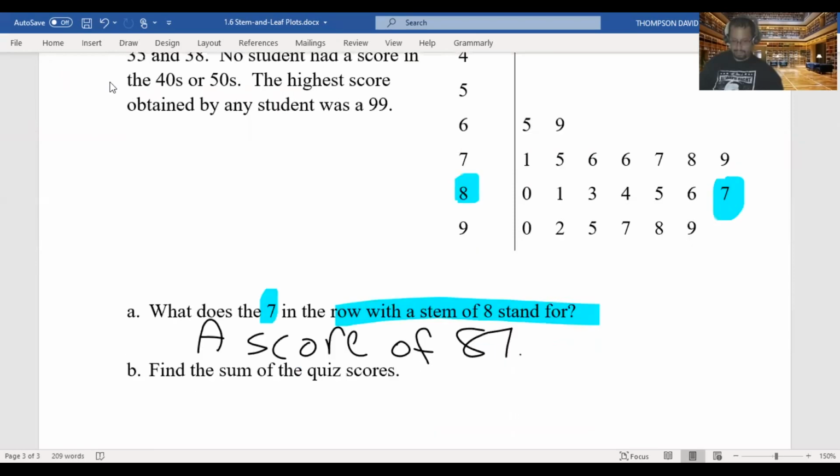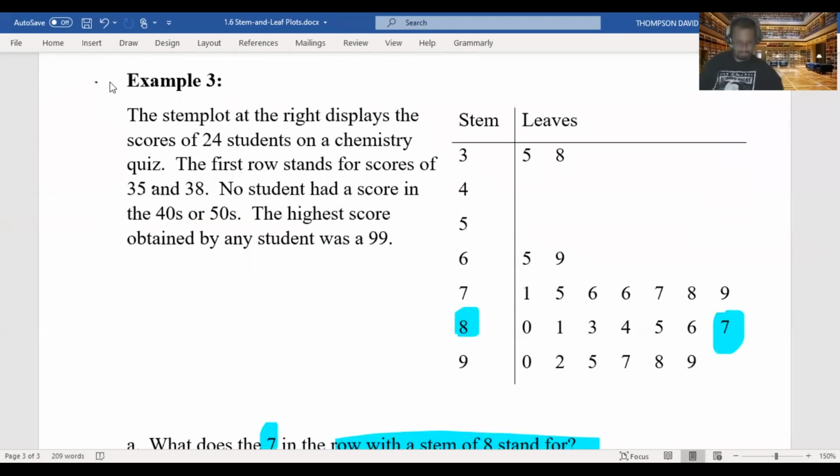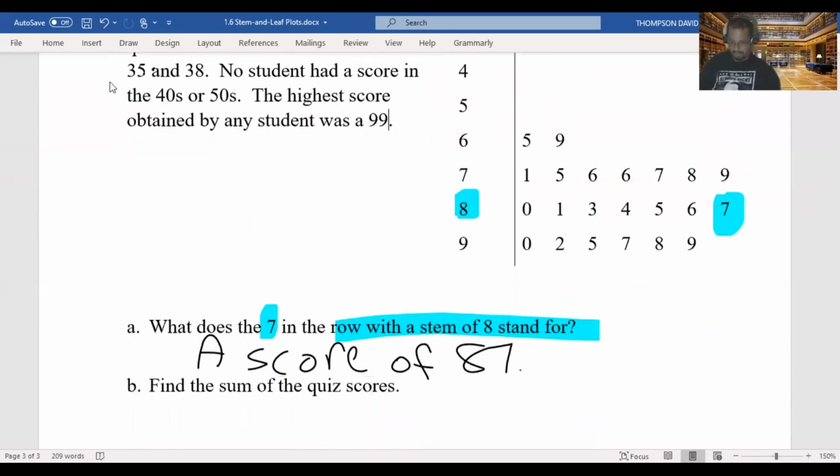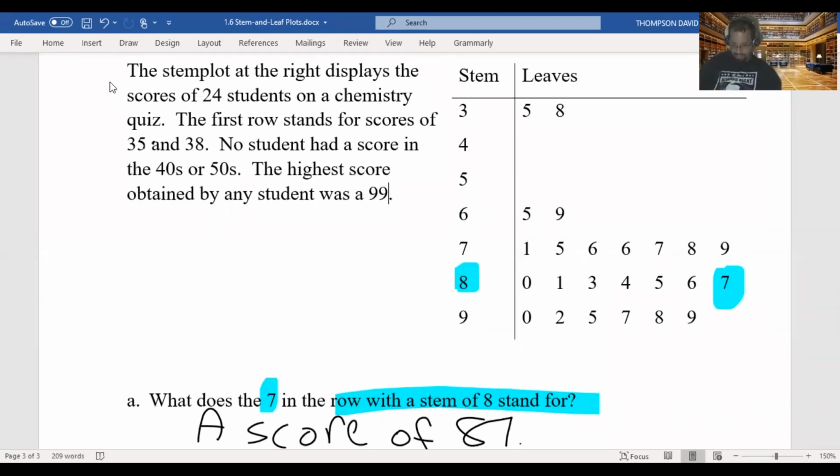Part B. Find the sum of the scores. So essentially what we have to do is add all of our scores together. So 35 plus 38 plus 65 plus 69 plus 71 plus 75 plus 76 plus 76 plus 77 plus 78 plus 79 plus 80 plus 81 plus 83 plus 84 plus 85 plus 86 plus 87 plus 90 plus 92 plus 95 plus 97 plus 98 plus 99.